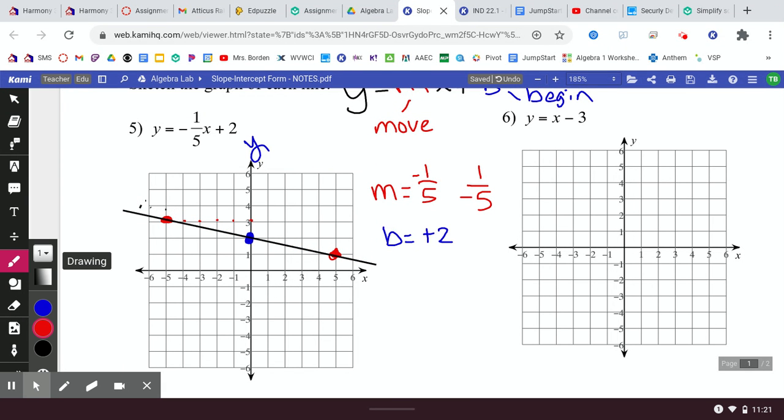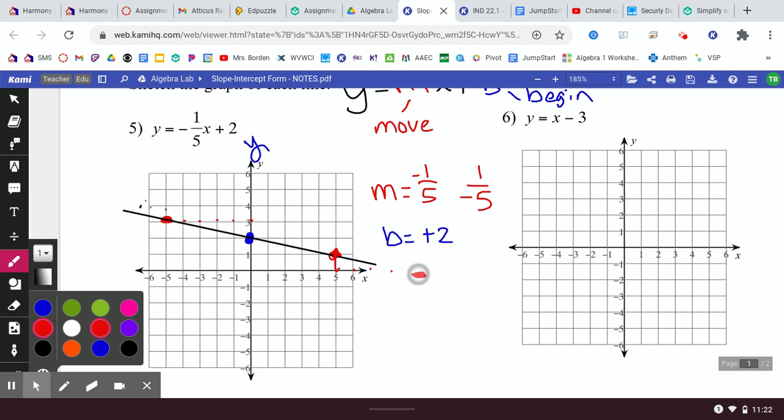That's better. All right. Now, if you'll notice, it didn't matter if I fell 1 and went positive 5, or if I rose 1 and went negative 5, as long as one of my moves was a negative and one of my moves was a positive, I'm still on that line. And if my graph were bigger, I could go over here to this point right here, and I could fall another one and then run another 1, 2, 3, 4, 5.